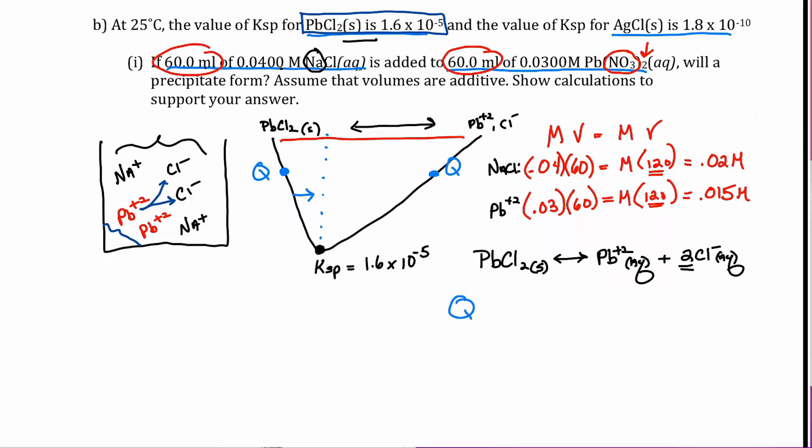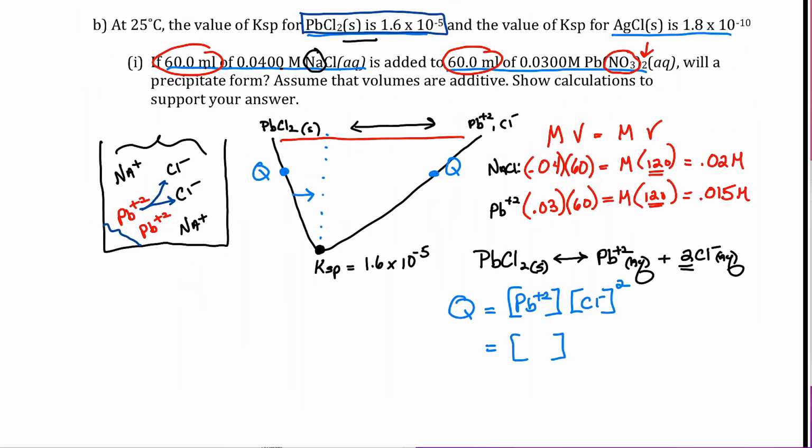So my friends, in chemistry, what we're going to do is do the Pb plus 2 times the chloride ion, and of course that gets a square.